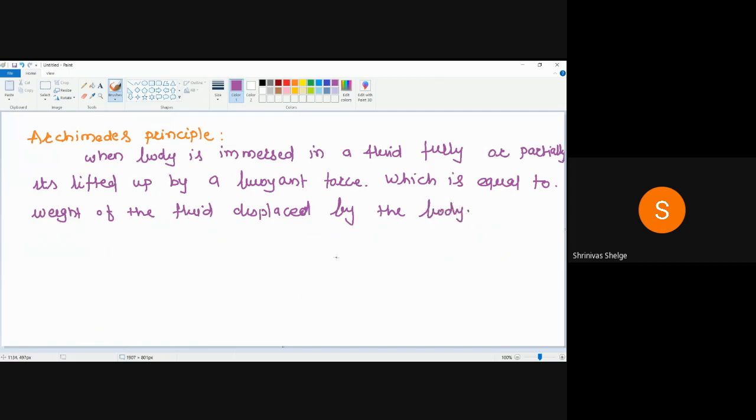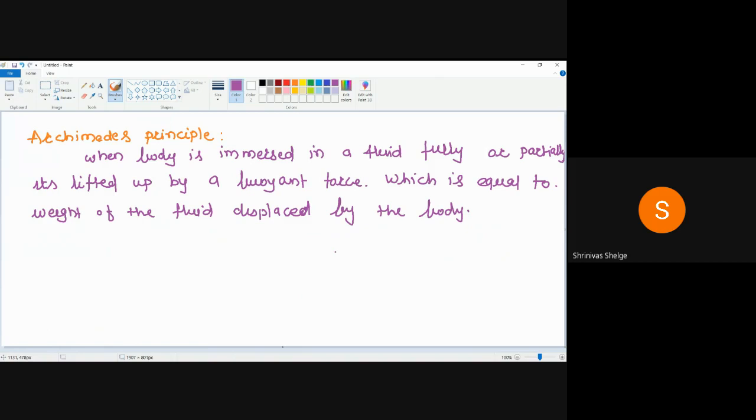Correct. So according to the Archimedes principle, whenever a body is immersed in the fluid fully or partially, it's lifted up by the buoyant force. So already we have seen why buoyant force is acting. Obviously there is imbalance between the forces on the top surface and the bottom surface, and due to that, the net force acting on that body is the upward force, and that is nothing but the buoyant force.